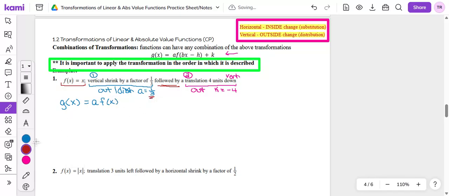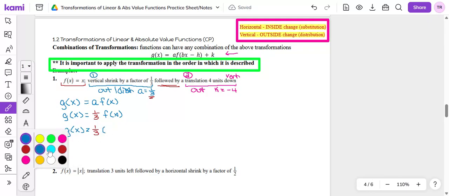So this tells me my g of x function, and this is just like the previous video we did on dilation. I'm going to replace the A with the 1/3. It's going to cause it to be a distribution to whatever the function is. Okay, let's do it. So g of x equals 1/3 times f of x.